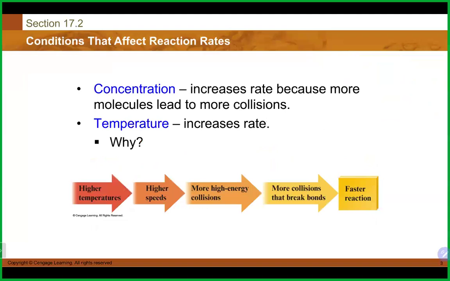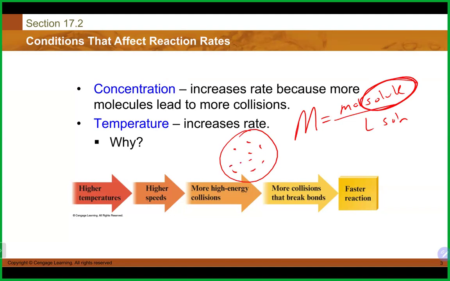Now, speaking of rates, there are a number of things that can affect the rate of a reaction. For example, the concentration can affect the rate of reaction. If we increase the concentration, we typically will increase the rate of a reaction. If we think about something like molarity, which is a concentration, that is moles of solute per liters of solution. Remember that when we have a solution, it is the solute guys that are floating around. That is the stuff that is reacting, which means if we have a high concentration, we will have a lot of solute in that solution, which means we have a lot of guys swimming around.